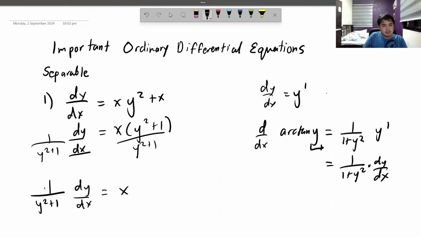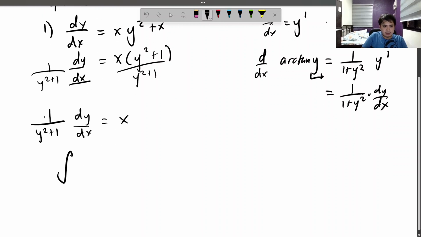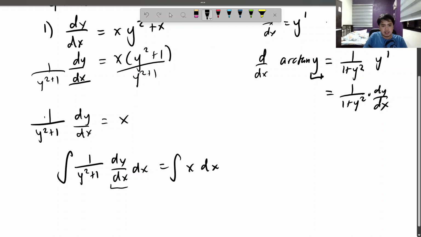So now all we have to do is to integrate them with respect to x. All right. So here we have an integral with respect to x, but there's dy over dx here. Now, what does this all mean? Can we cancel this out since it's a fraction?